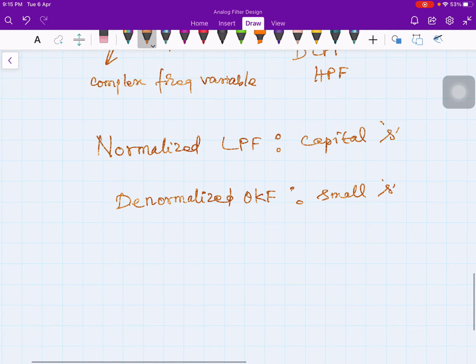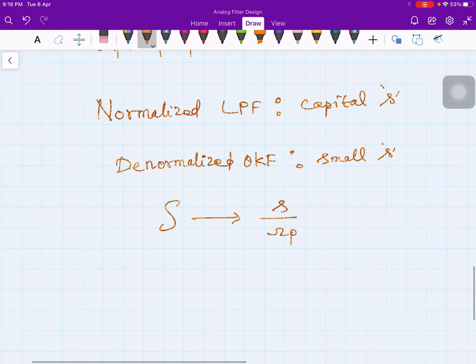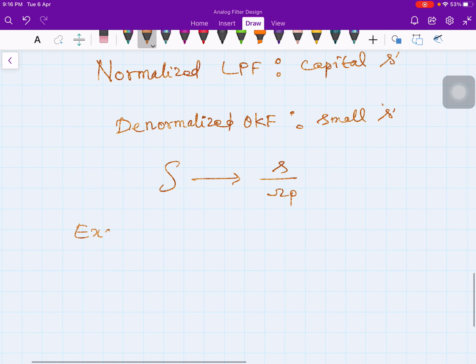If we go from a normalized low pass filter to a denormalized low pass filter, then we replace capital S by small s divided by omega p. That's all we do to convert. For example, let us take a first order Butterworth filter or a Chebyshev filter, it doesn't matter.